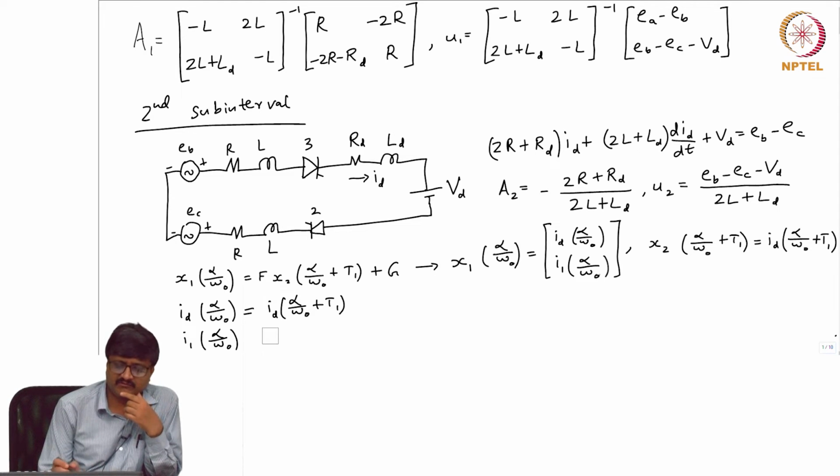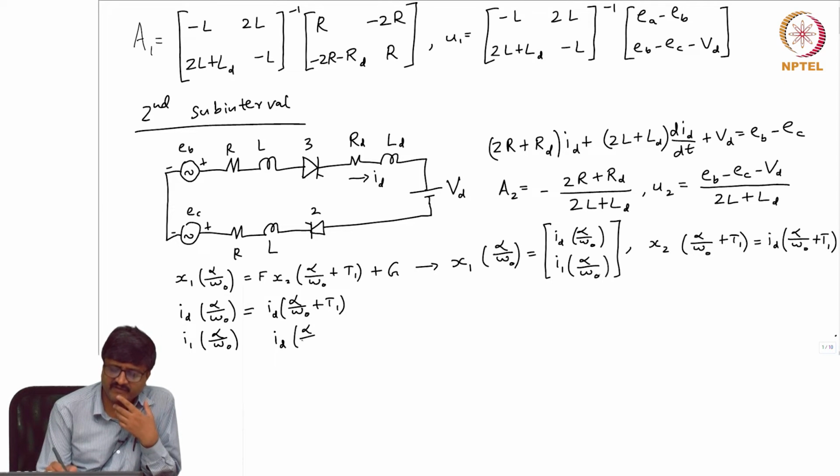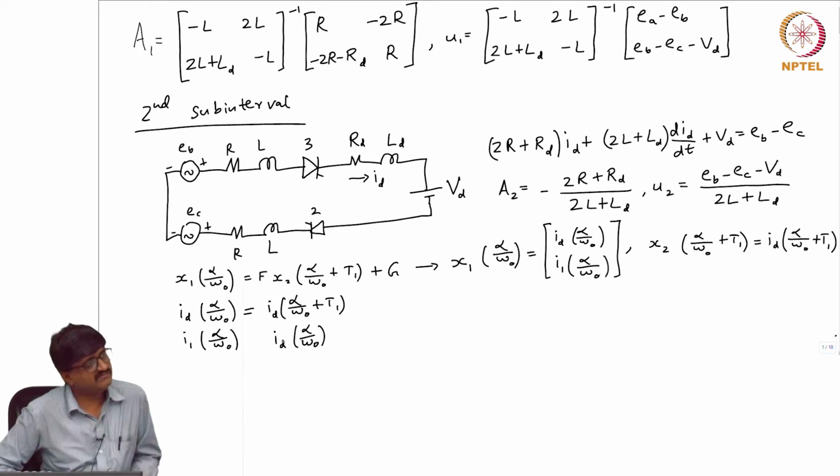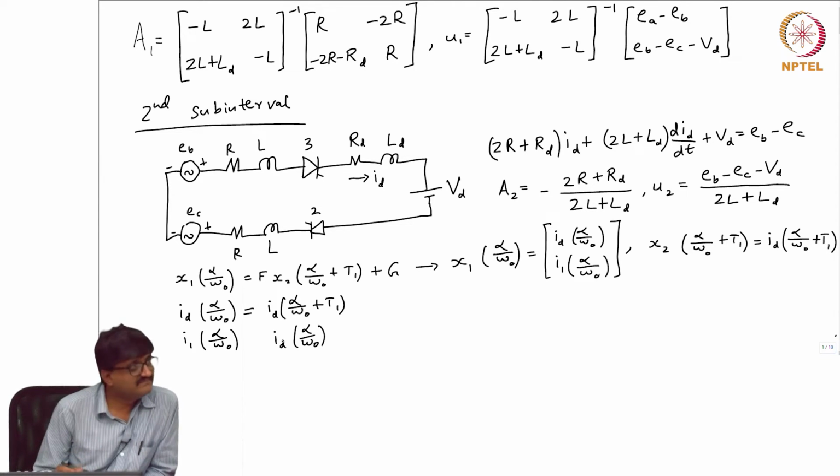Now, can I relate I1 at alpha by omega O and ID at alpha by omega O? Why one should do this becomes clear shortly. Can I relate these two? Both are equal.